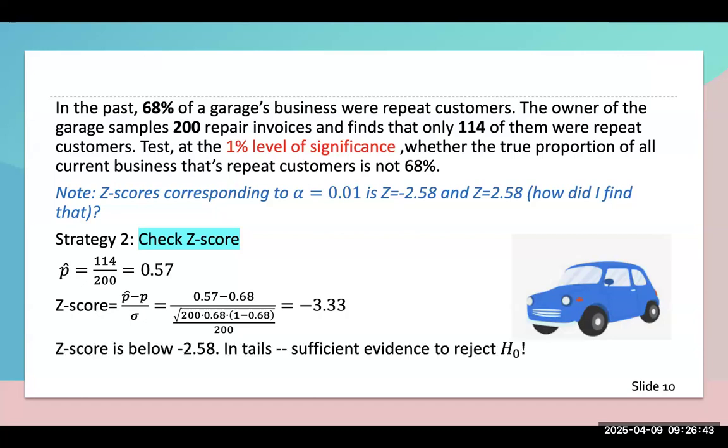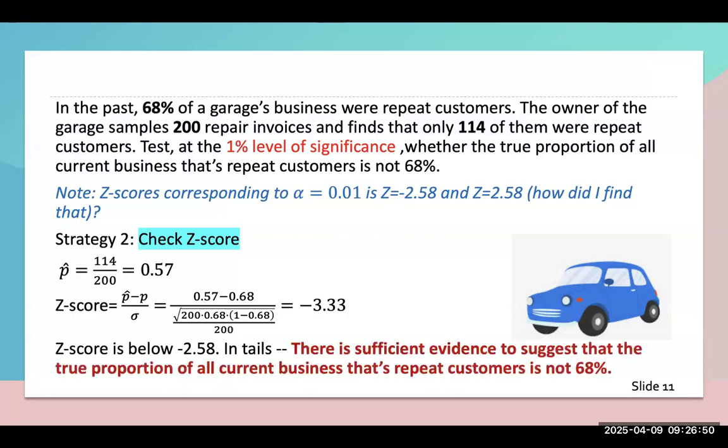So we got the same answer. We're in the tails, so there's sufficient evidence to reject the null hypothesis. There is sufficient evidence to suggest that the true proportion of all current business that's repeat customers is not 68%. Whether you use the z-score method or the interval method, you're going to get the same final answer, which is to reject the null hypothesis.